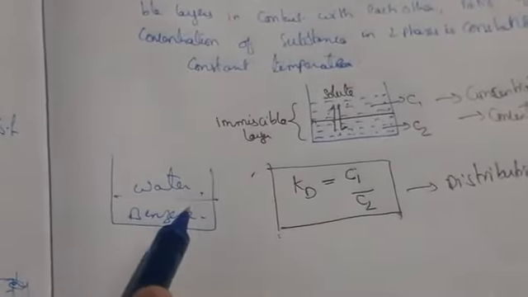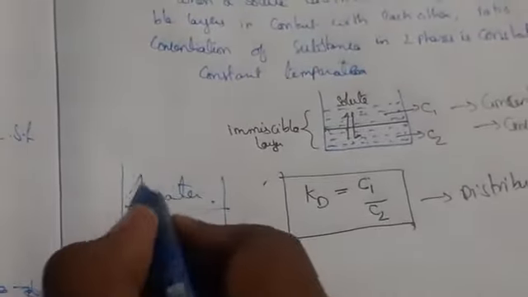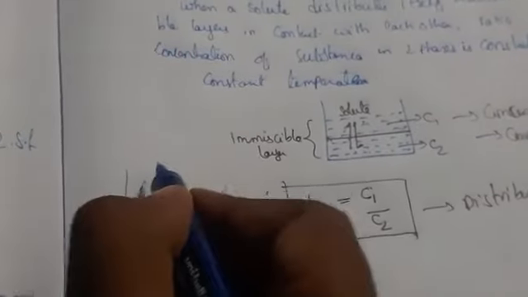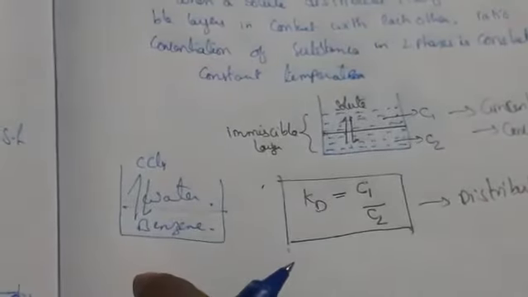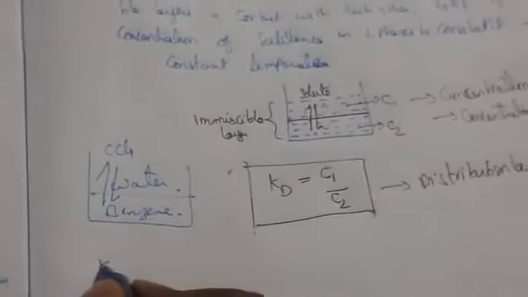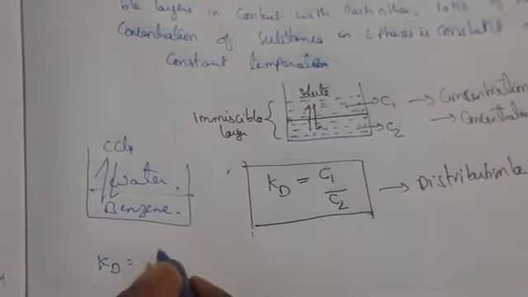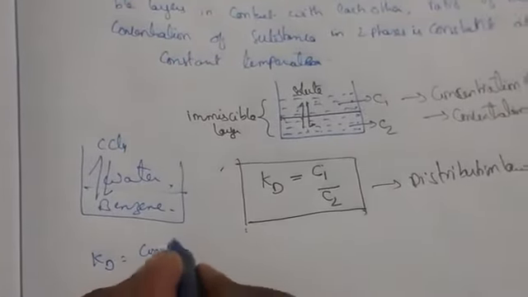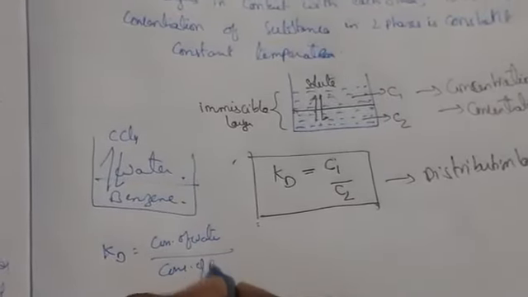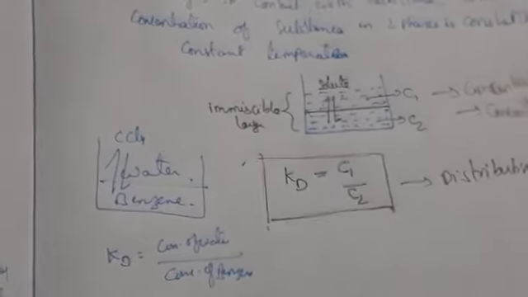It is not dissolved, so to dissolve this compound we add a solute, CCl4, carbon tetrachloride. Then the distribution law will be Kd is equal to concentration in water divided by concentration in benzene. This is nothing but the distribution law.